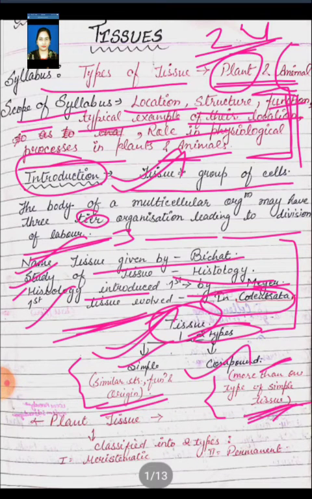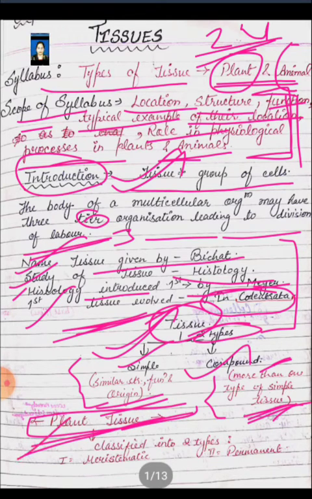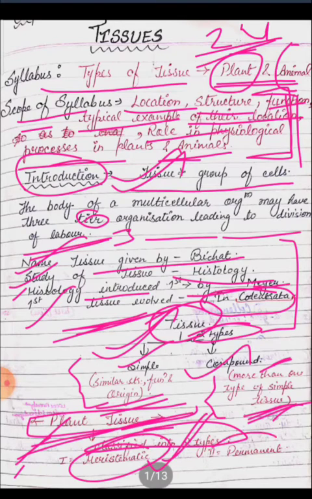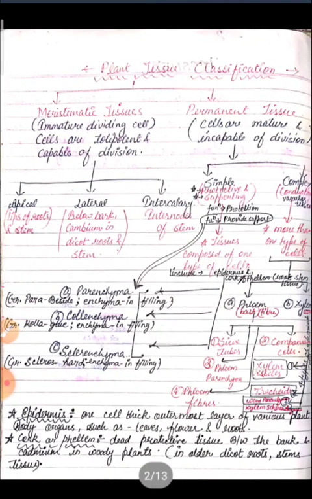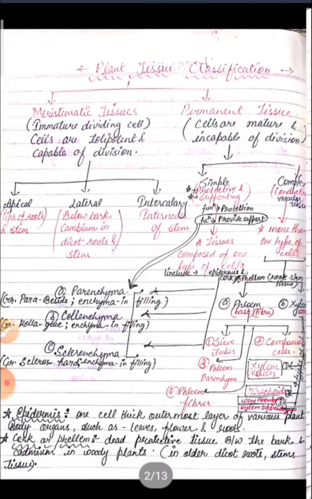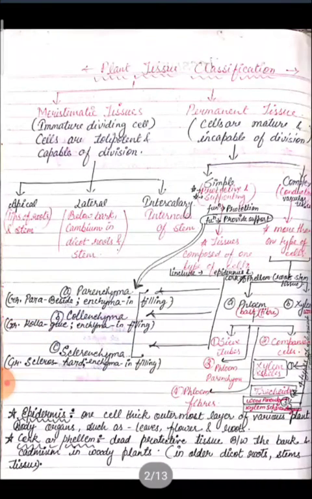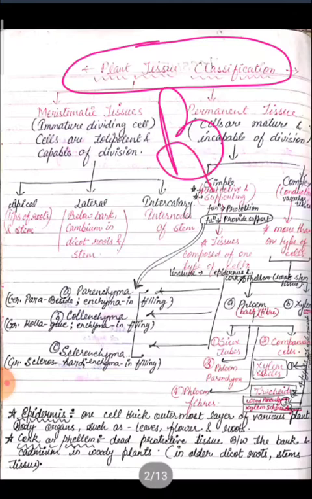If we move to the topic of plant tissue, then we have to discuss its classification into two types, that is meristematic and permanent. Let's understand what is meristematic and permanent. Students, this classification is also given in your book.